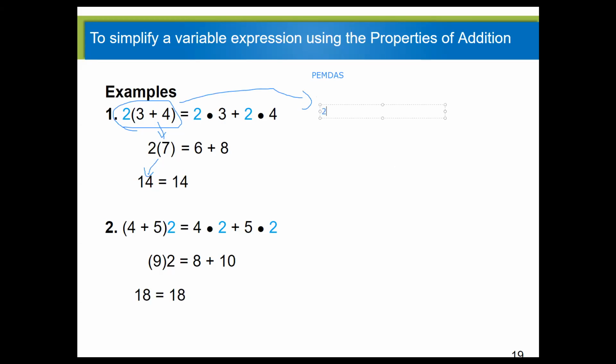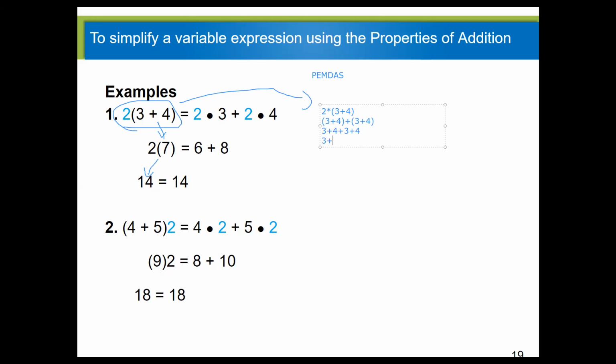So this is saying we have 2 times the quantity 3 plus 4. What is 2 times? Well, it's adding the same thing twice, right? So we have 2 copies of 3 plus 4 that we are adding together. Excellent. So that means we have 3 plus 4 plus 3 plus 4.